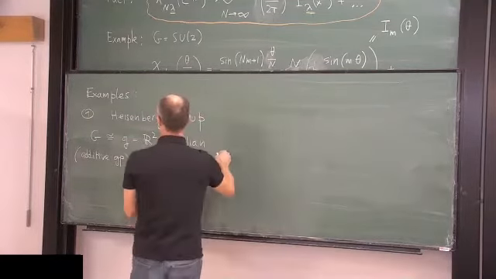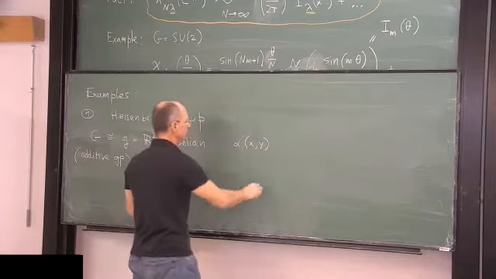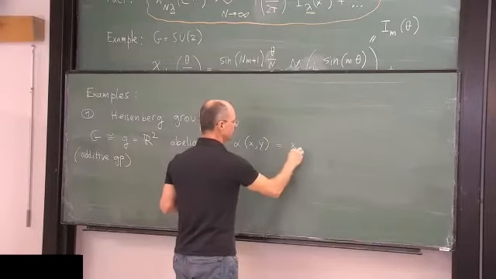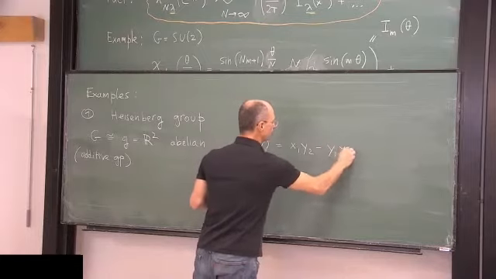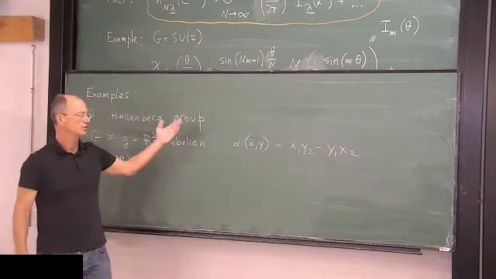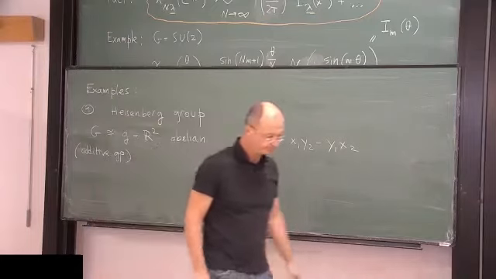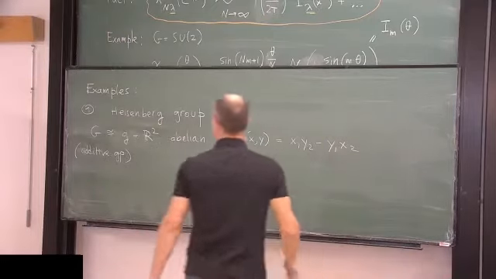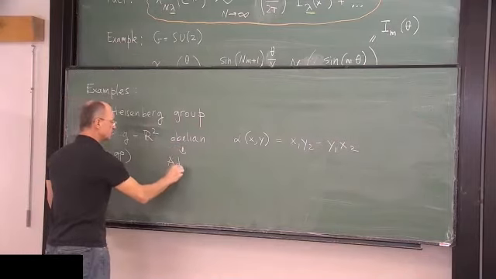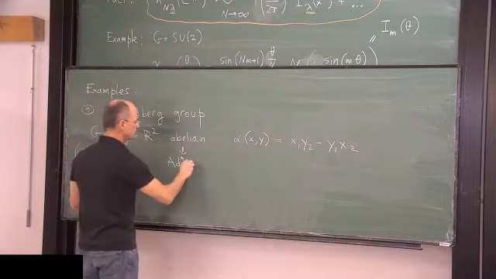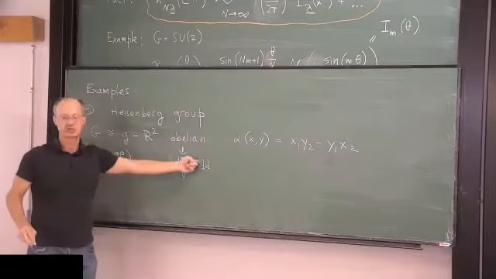The cocycle alpha computed on two-dimensional vectors will be x1 y2 minus y1 x2, or the cross product of those two vectors, which in two dimensions gives a number. And since the group is abelian, the coadjoint action is simply trivial. So the coadjoint action doesn't change anything.